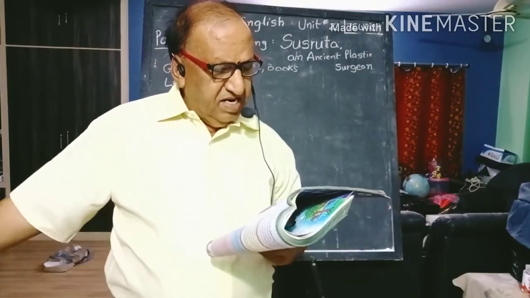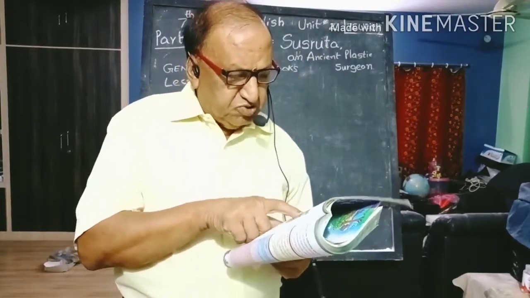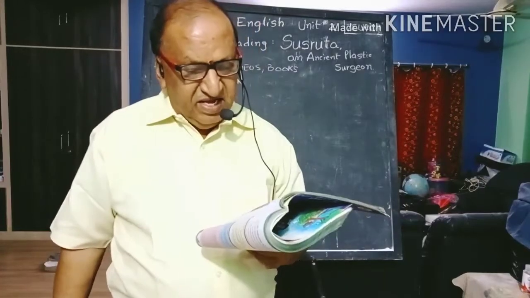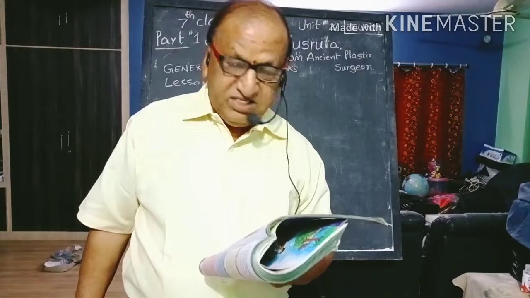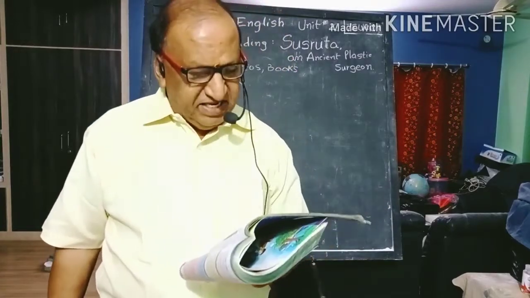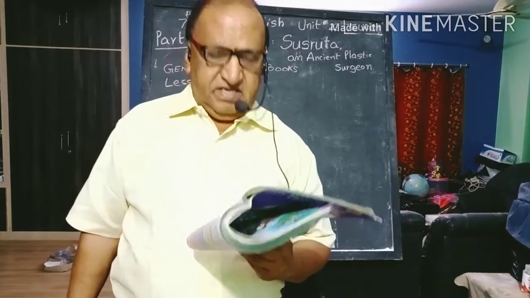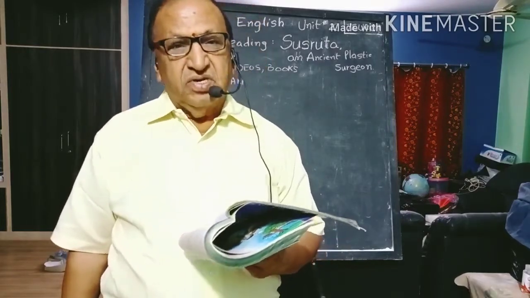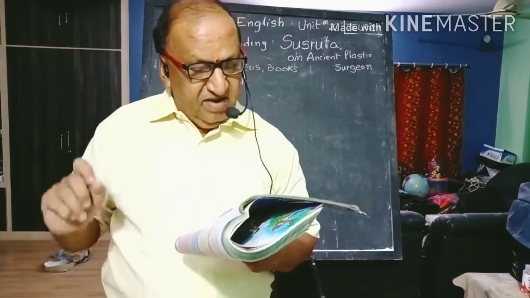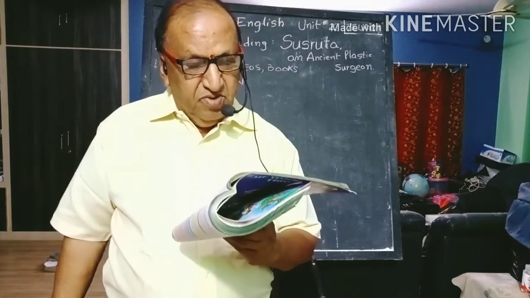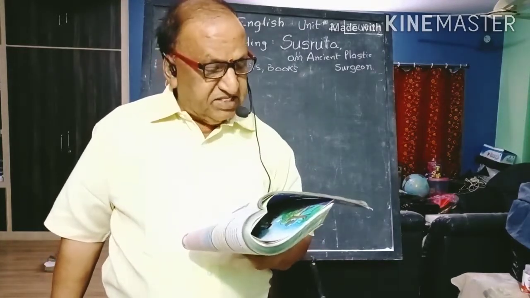Born in the 6th century BC, Susruta was a descendant of the Vedic sage Vishwamitra. He learned surgery and medicine at the feet of Devadasa Dhanvantari in the hermitage of Varanasi.